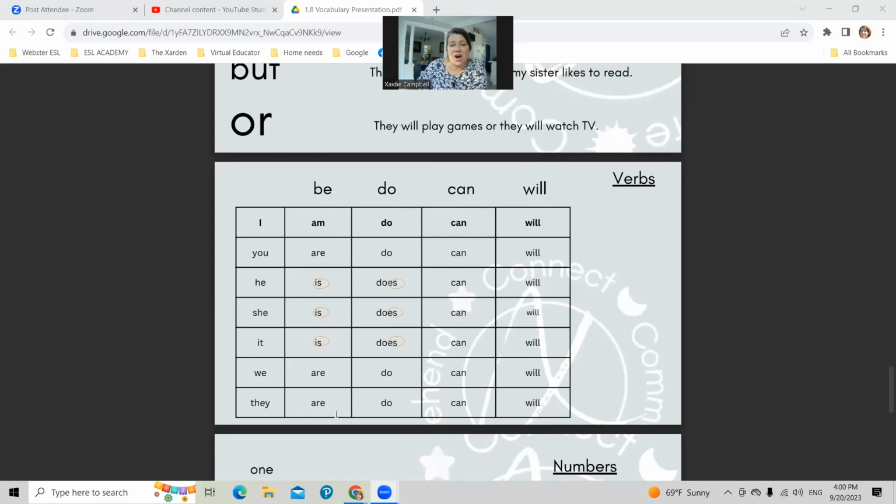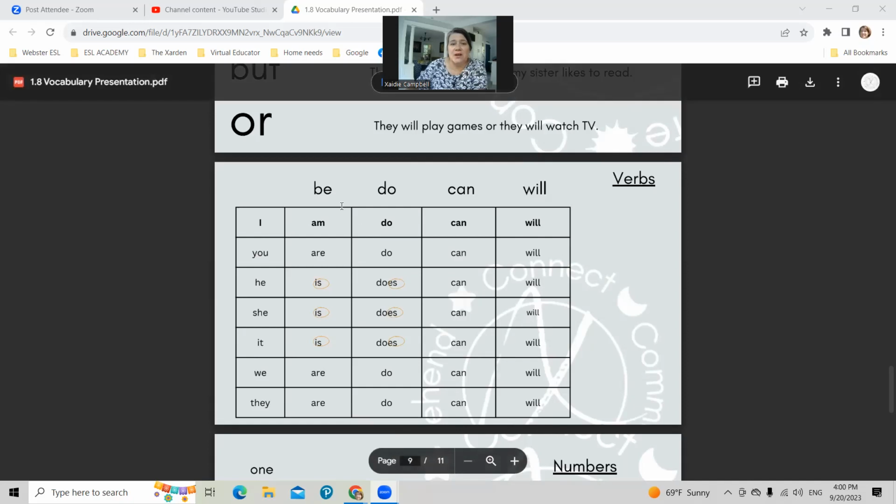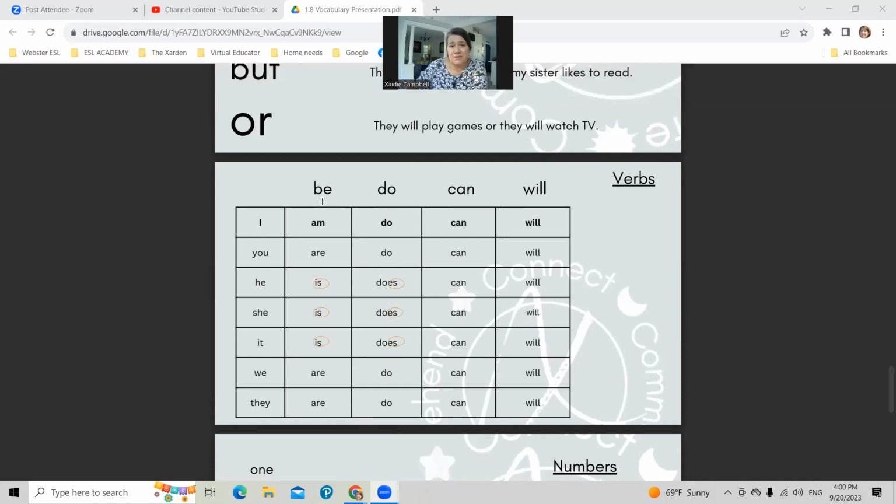So I put the conjugations here for you, but I'm only going to talk about the meaning right now. Be shows existence. We use it to show be. So be shows existence.